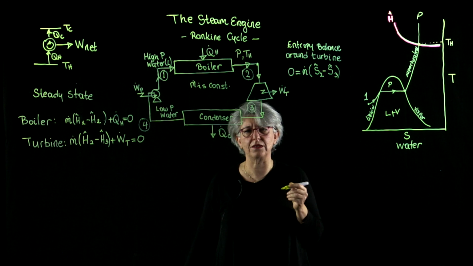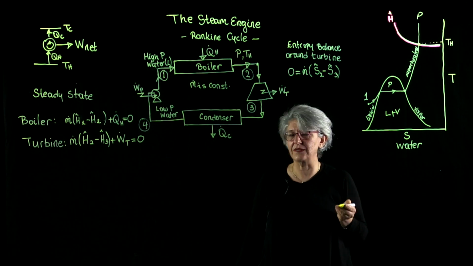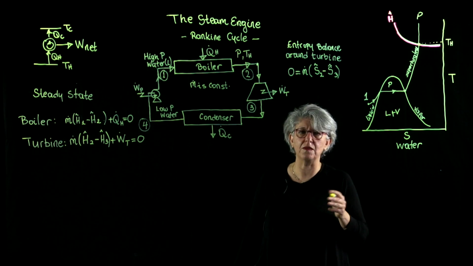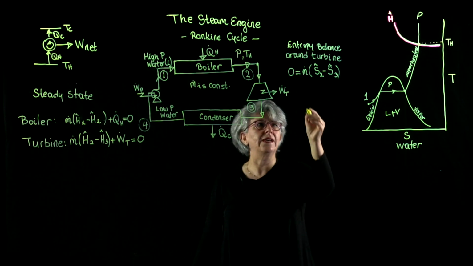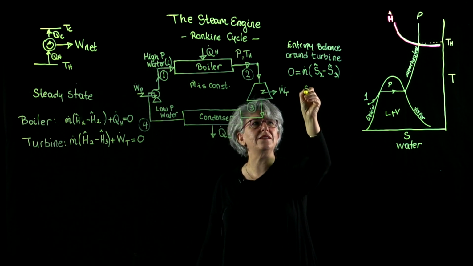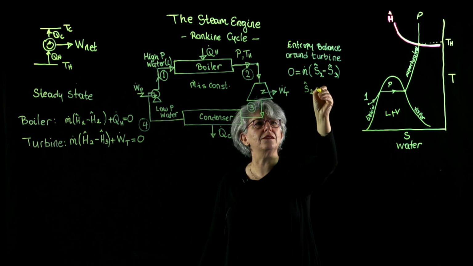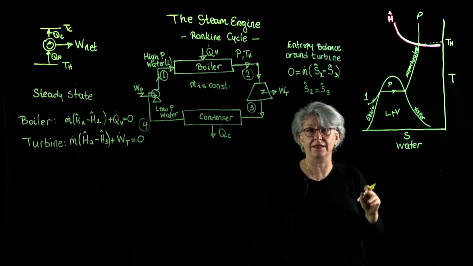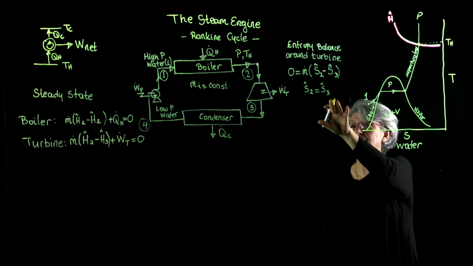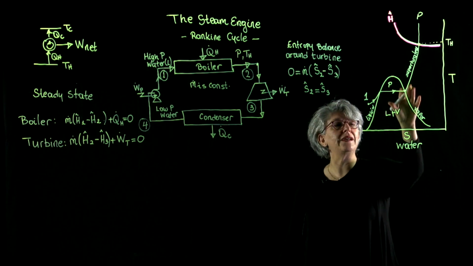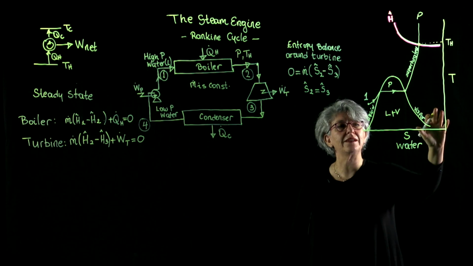Entropy generation is 0. There is no heat exchange. Q is 0, S generation is 0. As a result, we observe that S2 is equal to S3. And this fact makes us realize why we have this temperature entropy diagram.